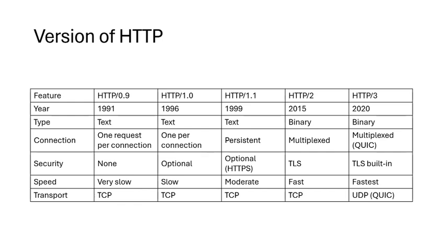When it comes to security, in HTTP/0.9 we have no security. In 1.0 we have optional security. In HTTP/2 it has TLS security. And in HTTP/3 it has TLS built in.